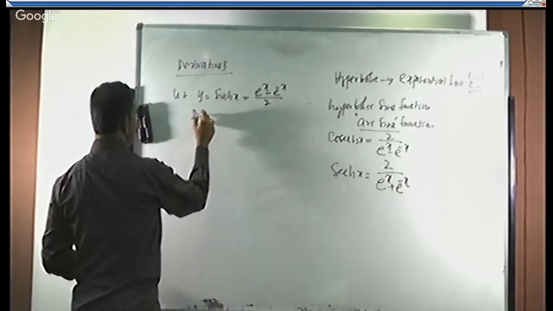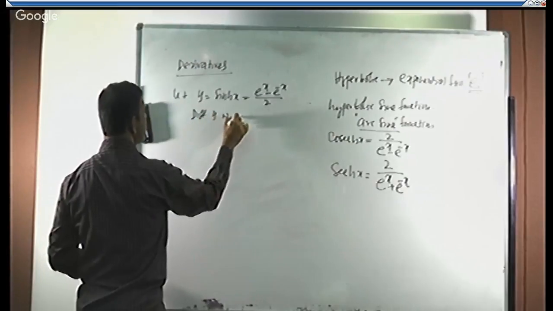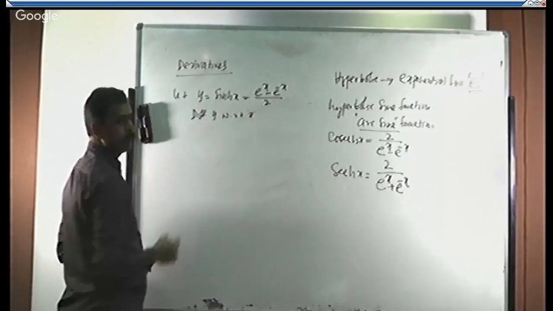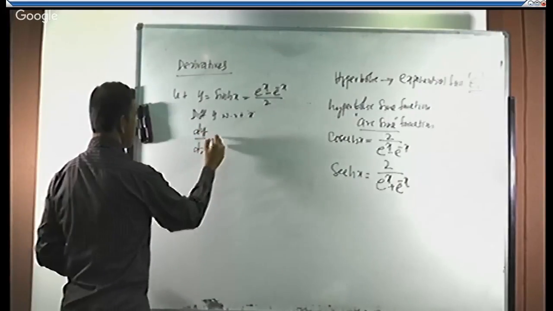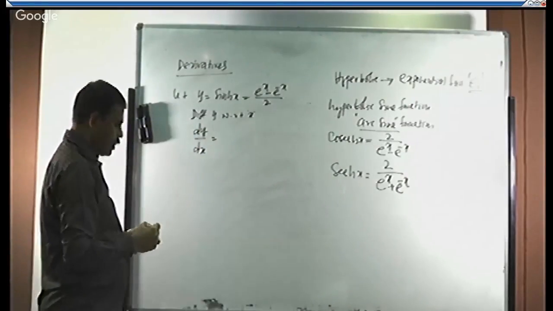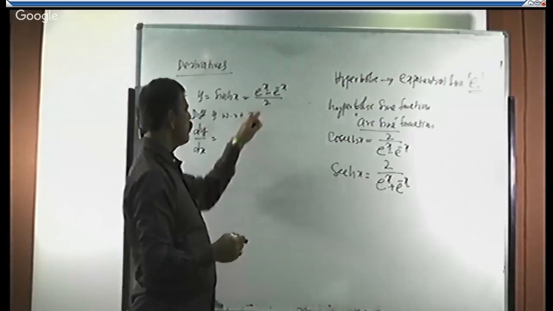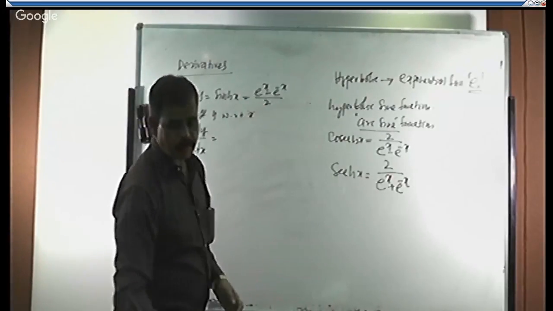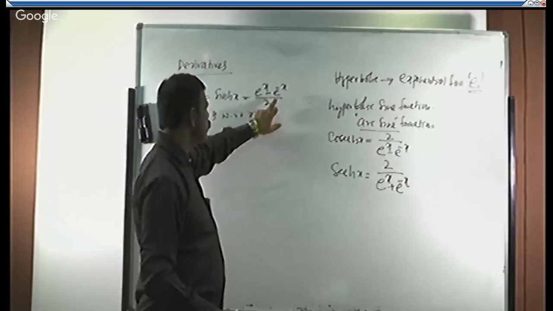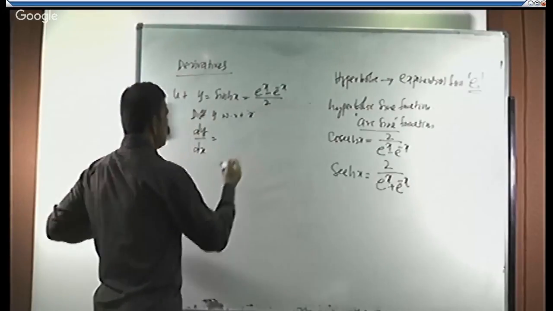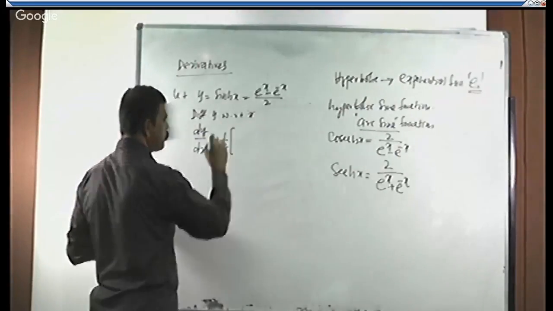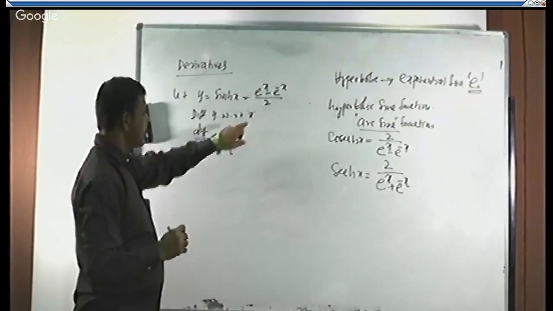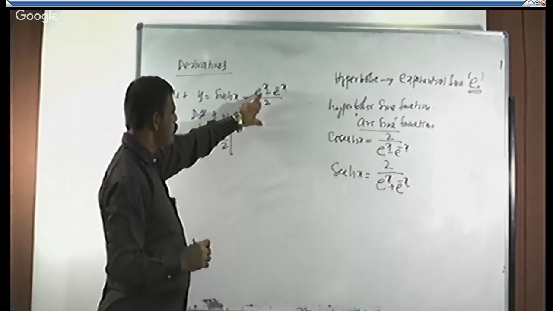Differentiate y with respect to x. We get dy by dx is equal to the differentiation of this function, e power x minus e power minus x divided by 2. 2 is a constant. Keep the constant as it is and differentiate the function.